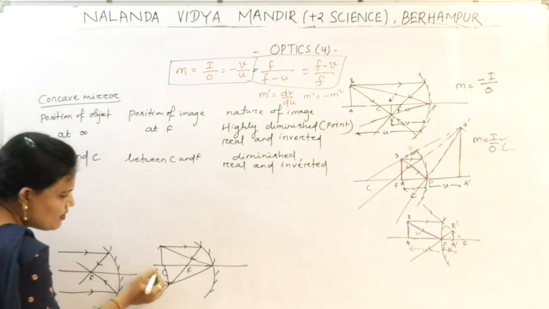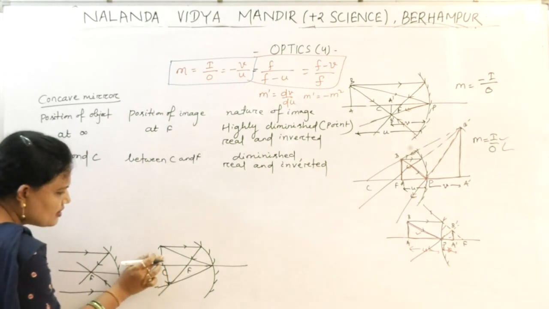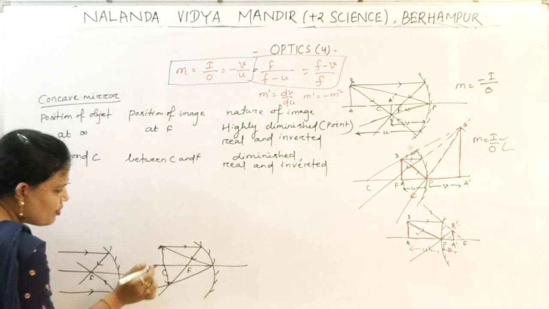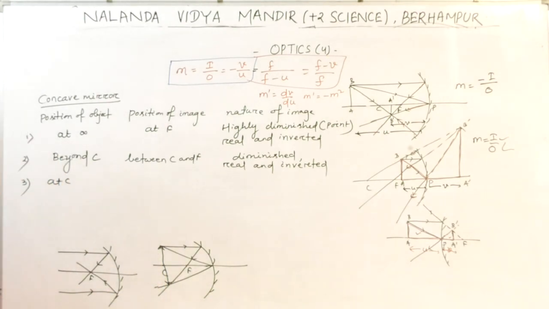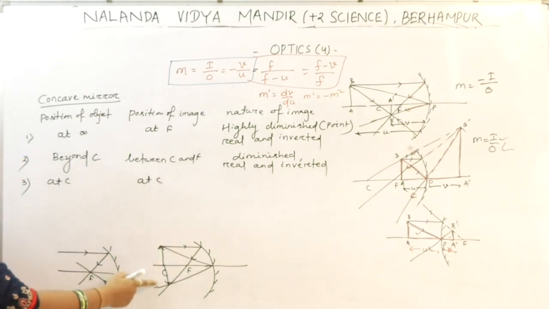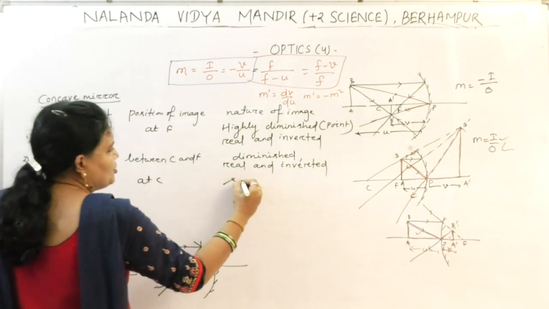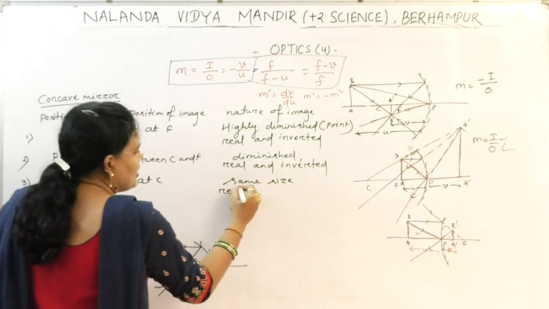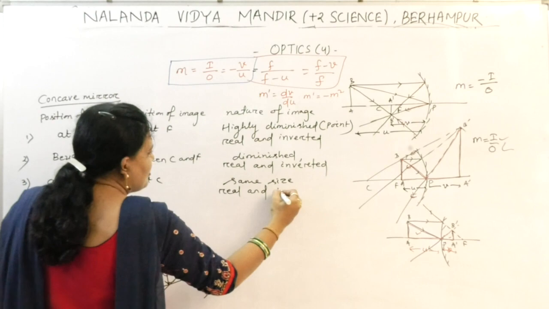So where will the image be formed? At C. The image will be formed at C. What is the size? It is of the same size. And the nature of the image? Real and inverted.